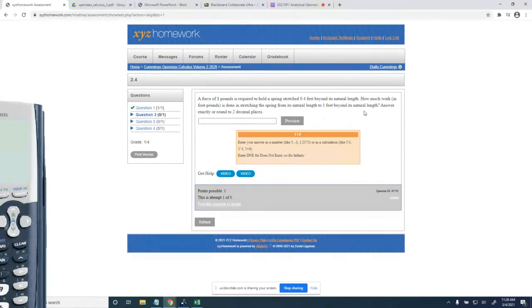So our limits of integration are from 0 to 1. Now keep in mind I don't have to convert any units because everything is in feet. So foot pounds. They kind of give us our units, so there's no need to convert.